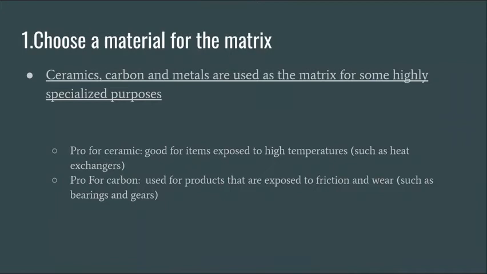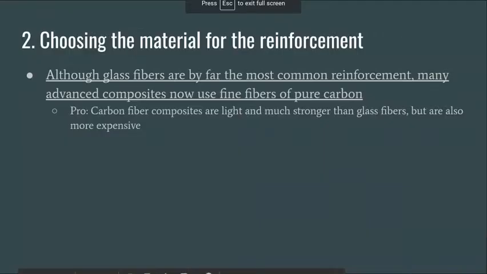Another good material for a matrix would be carbon. We talked about some carbon composites, and they're used for products that are exposed to friction and wear, such as bearings and gears.